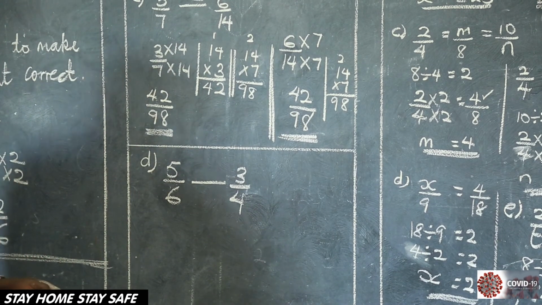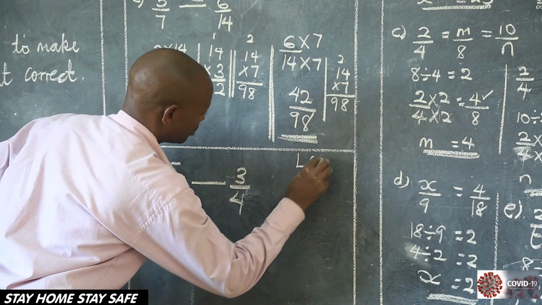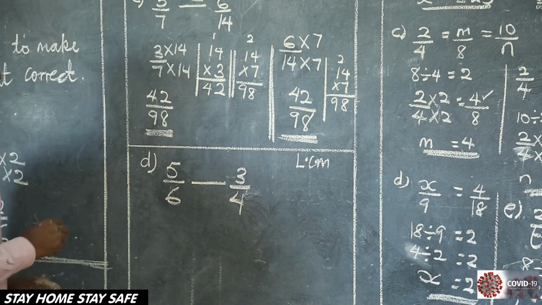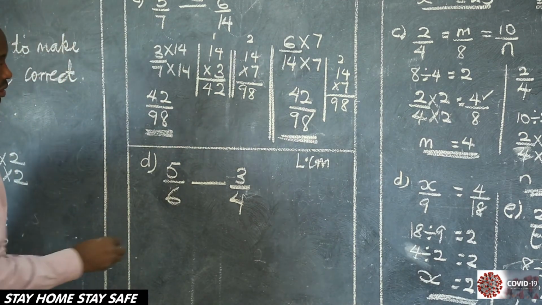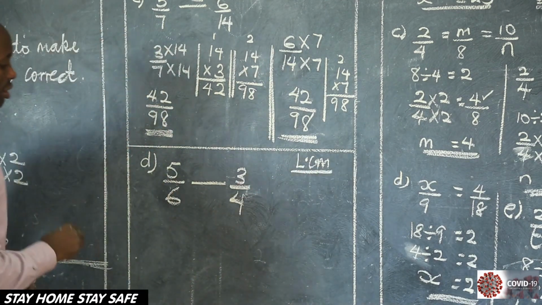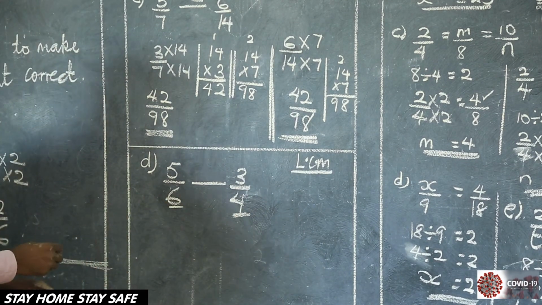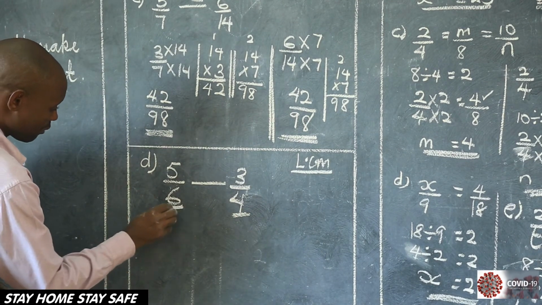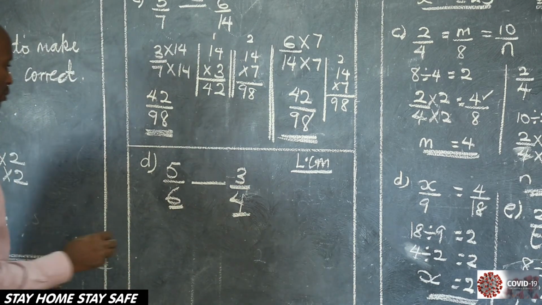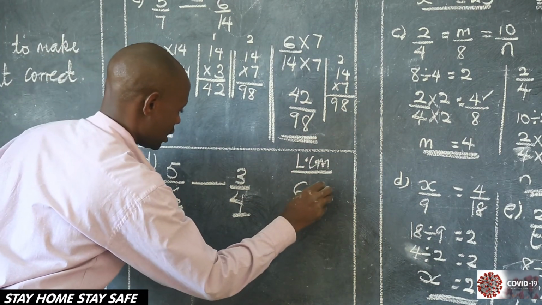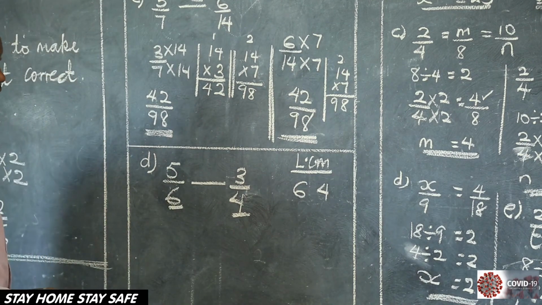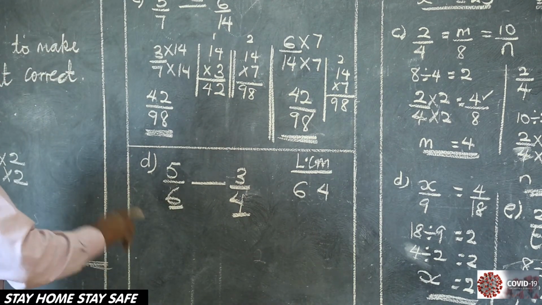And in this method, you use what we call the LCM. LCM of what? LCM of denominators. So we are going to find the LCM of these denominators, 6 and 4. Remember, when we are finding LCM, we can use multiples.